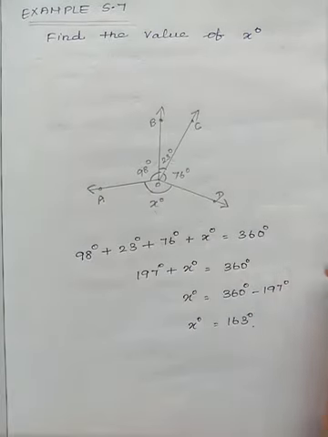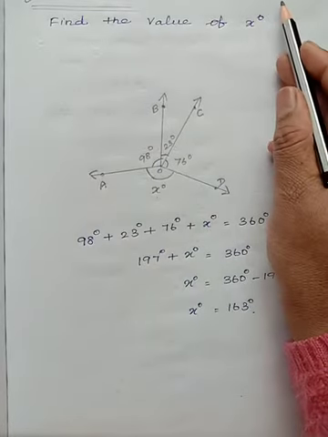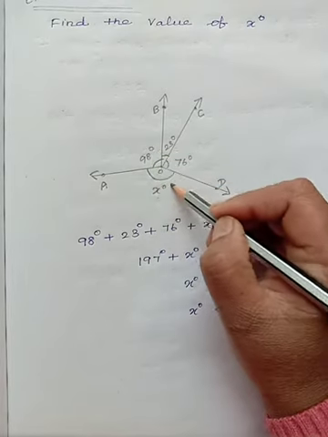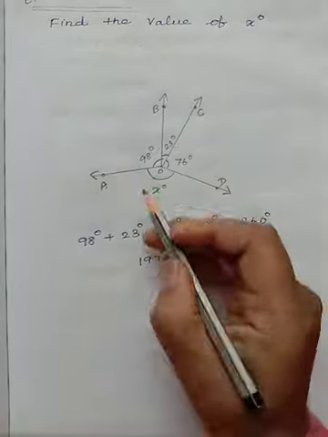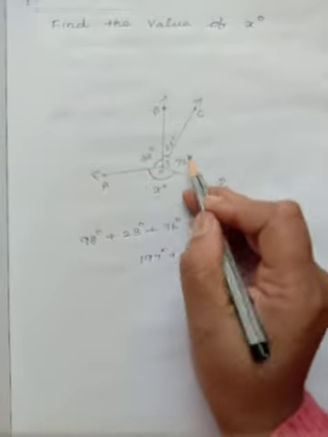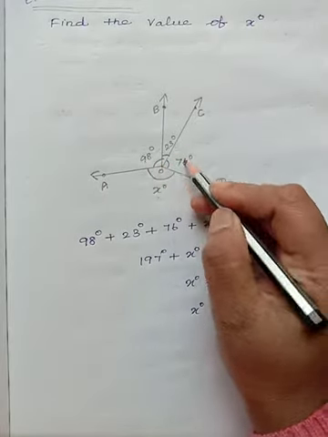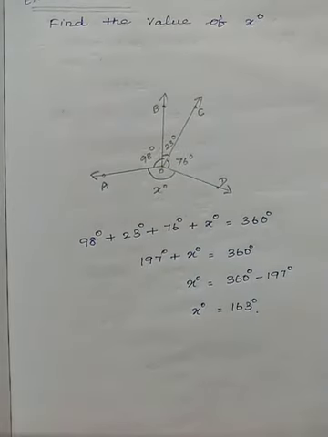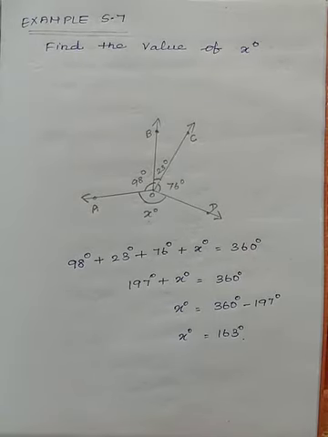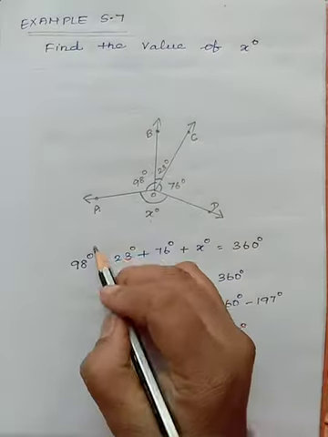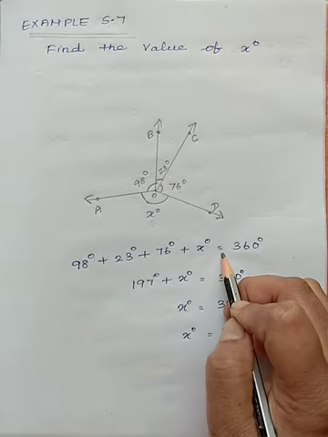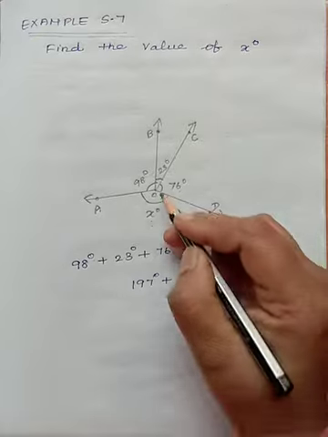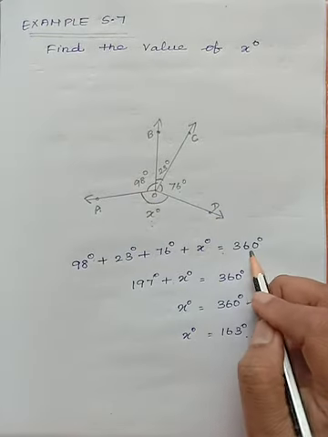Next is example 5.7. Find the value of x degrees. In this sum, we have to find all the angles, since it is not a straight line. So angles number 1, 2, 3, 4. Now we find all the angles and add them. 98 degrees plus 23 degrees plus 76 degrees plus x equals 360 degrees, because the whole thing gives you 360 degrees.